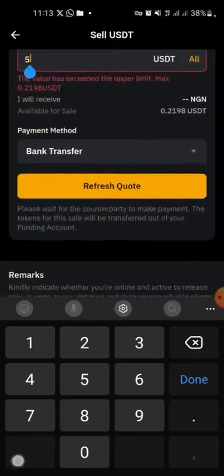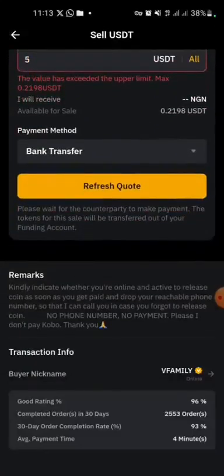So this is him telling you, and the majority of people do not pay kobo because Nigerian banks are blocking accounts that trade cryptocurrencies, and one of the ways they detect it is the kobo. Once they include kobo, they assume it's from P2P traders.